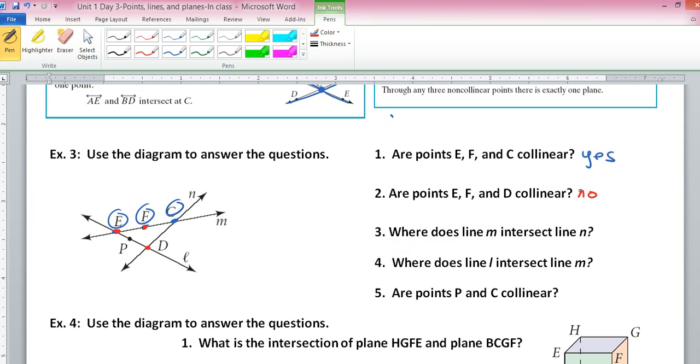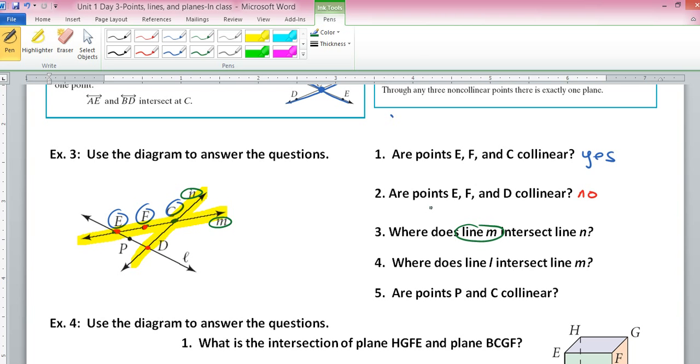Where does line M intersect line N? Well, if I highlight the 2 lines, so we'll take line N and line M. And by the way, I didn't mention that up there. Anytime you have these lowercase italicized letters, you can use those lowercase italicized letters with the word line accompanying them to name a line if there are not any points given.